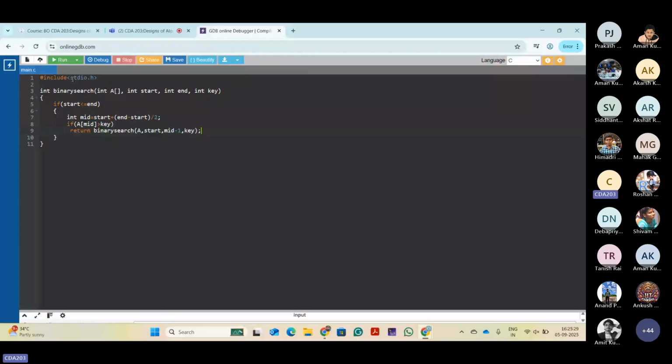So if this is the case, else, in the else case, you just call it for the rest of the part, with mid plus 1, and it will be done.